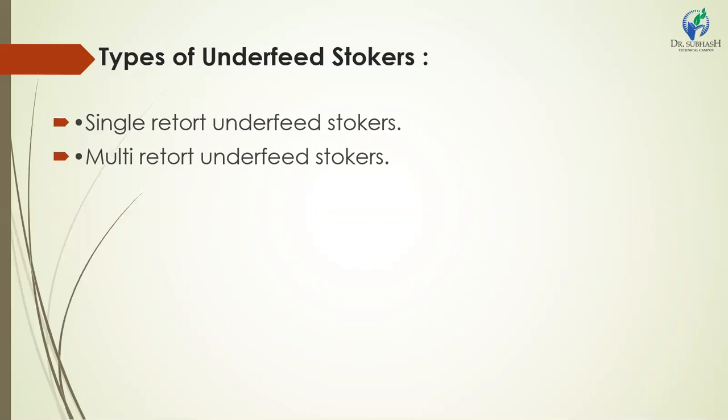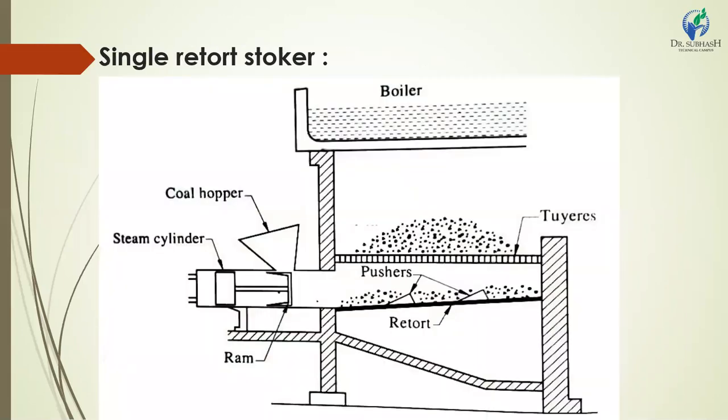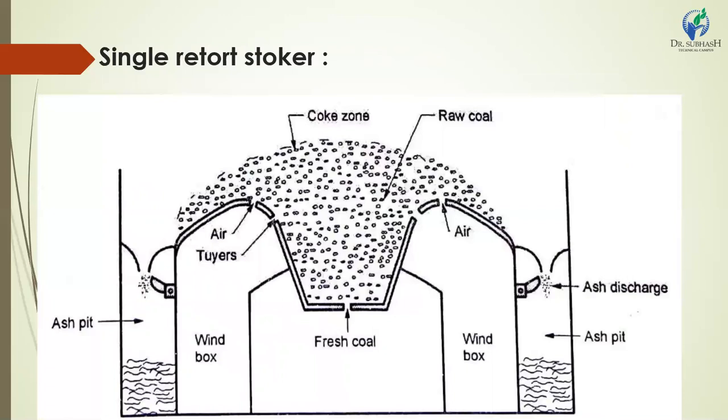So first we will see the single retort stoker. The arrangement of the single retort stoker is shown in this figure. This figure is divided in two views. This is figure A and this is figure B.